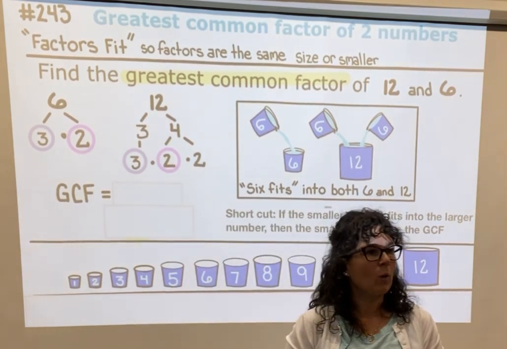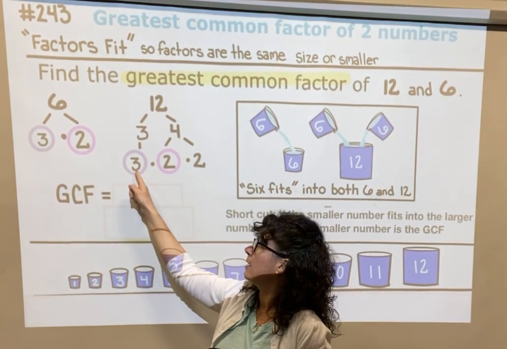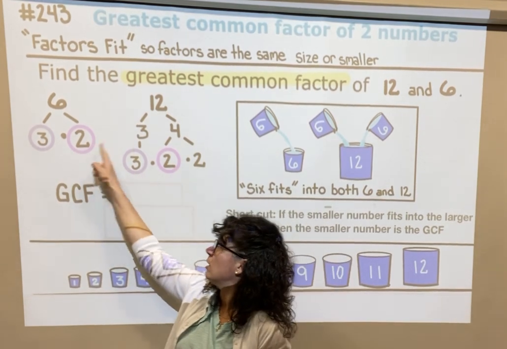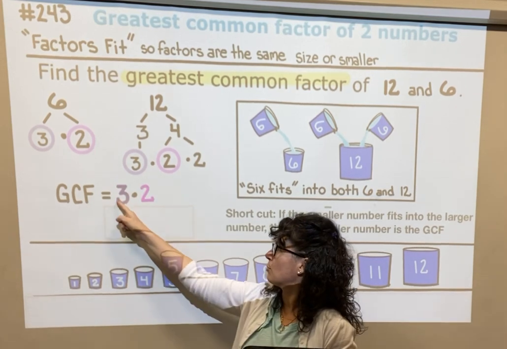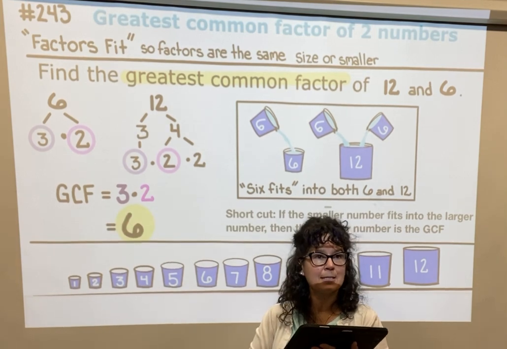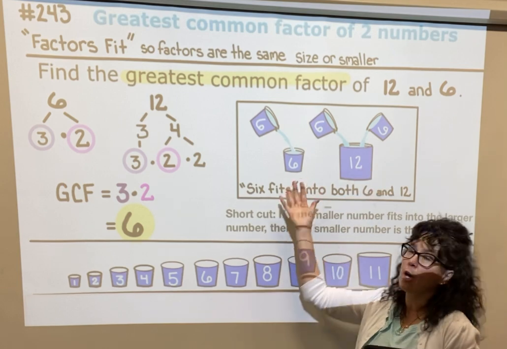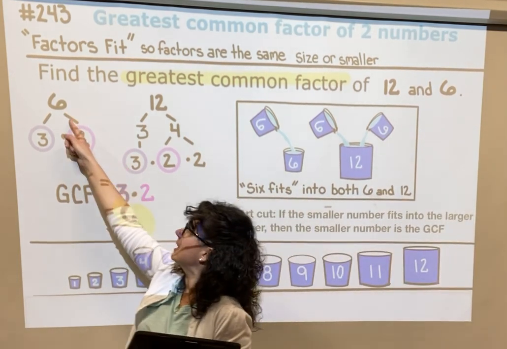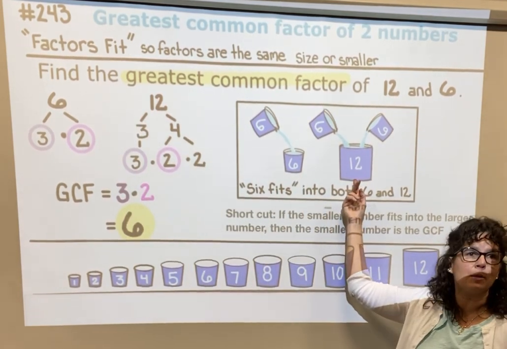If we're looking for what's in common to both, notice I've circled the 3 because they both have a 3, and I've circled a 2 because they both have a 2. So 3 times 2, and I end up with 6, and that's the greatest common factor. I drew a picture to help you understand again what that means. If my original is a 6 and a 12, I have a cup that holds 6 and a cup that holds 12.